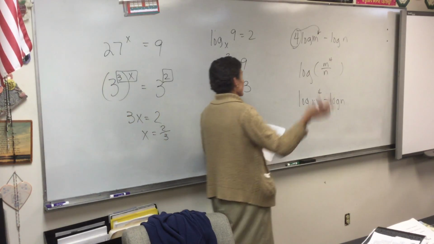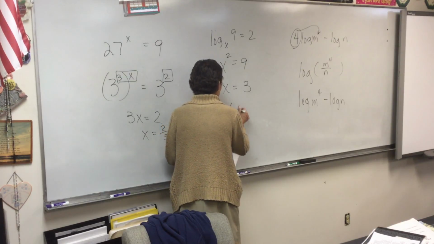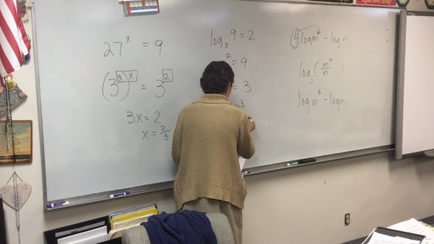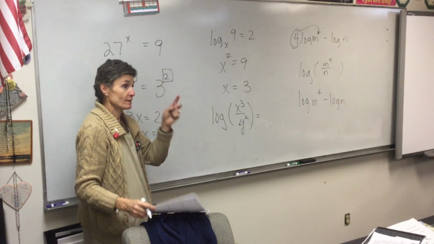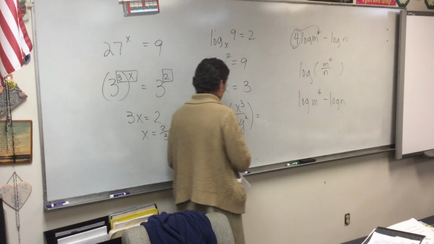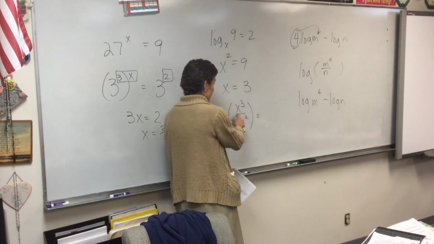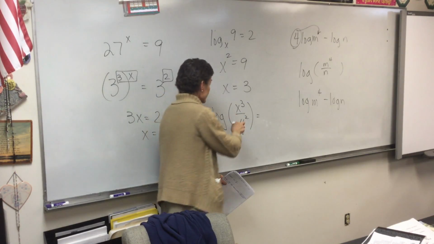Now 6 is the opposite. 6 says break this apart. So instead of having 1 logarithm, let's have 2. Pull it apart. Now when I pull it apart, it's going to come apart as a subtraction because this is a division.